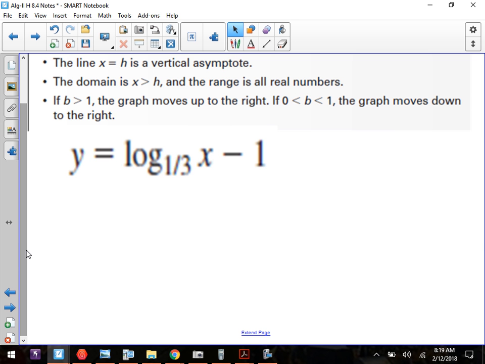What's your h, k? Your h's will always be thrown in with parentheses. I don't see parentheses. So your h is what? h is 0.